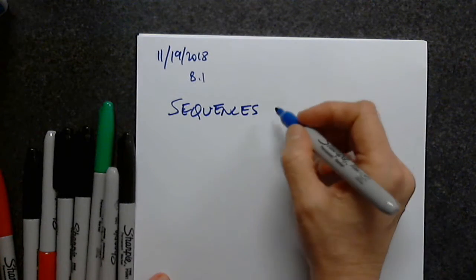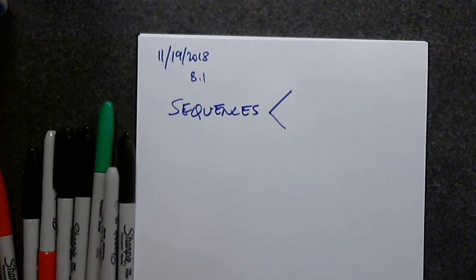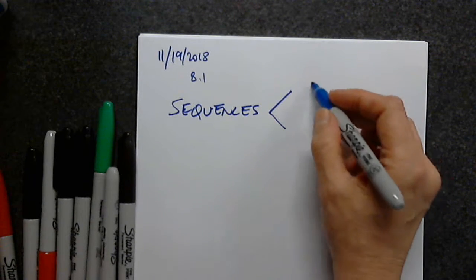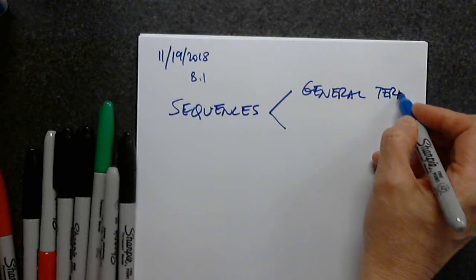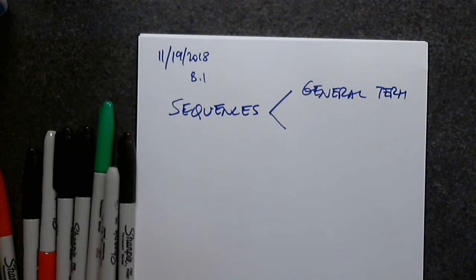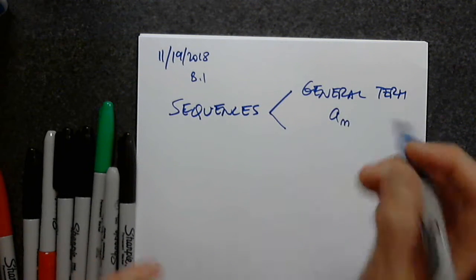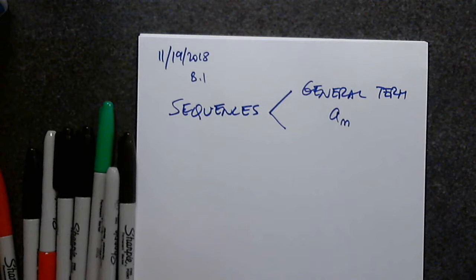A sequence can be given to us in two different ways. It can be given to us by the general term, which is a sub n, a lowercase n, or it can be given to us using a recursive formula.